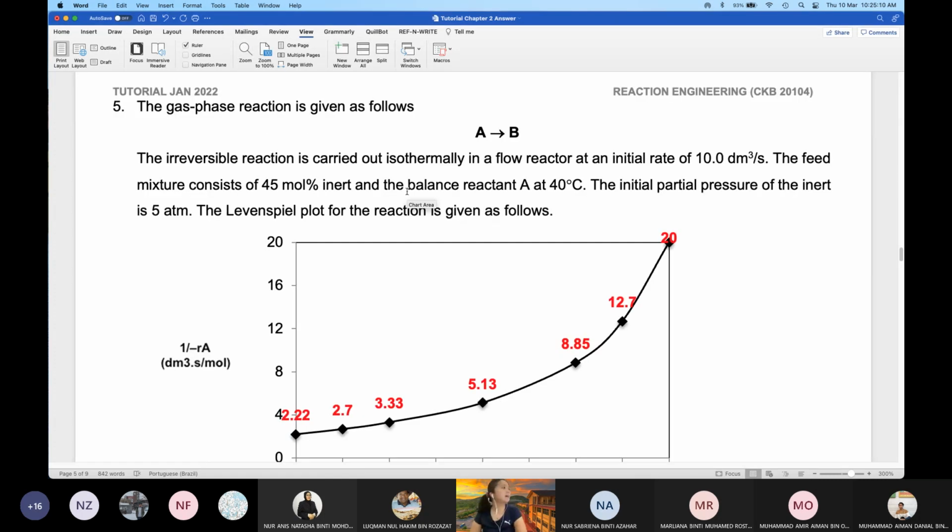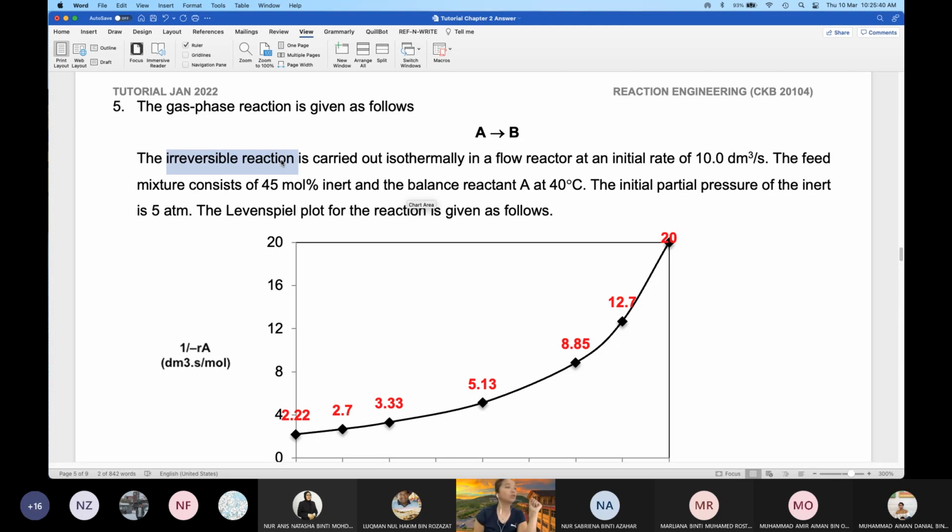There are certain words you may not be sure of yet, so let me explain. First, it is a gas phase reaction. Second, it says irreversible reaction. Until chapter 4, we will still discuss irreversible reactions, meaning reactions that occur in the forward direction. But later in chapter 4, you will also learn reversible reactions. Reversible means it goes forward, and it can also go backward.